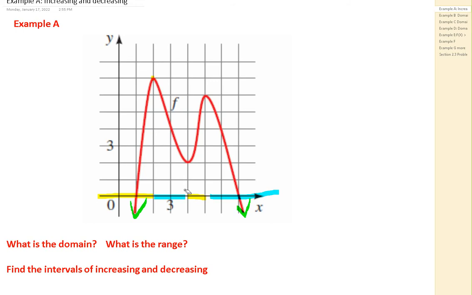And then jump back up on the increasing bandwagon. It's going to increase from what to what? 4 to 5. Good. So 4 to 5. Both of those are going to get parentheses. And then at 5, it starts decreasing again, so 5 to infinity.